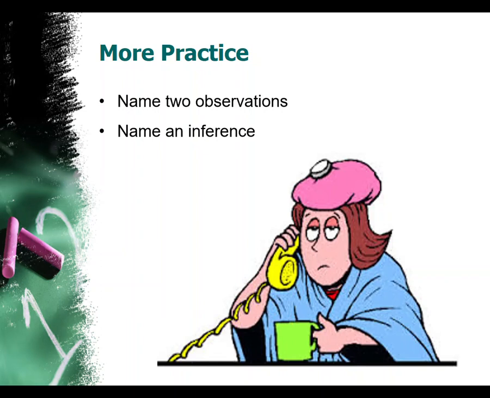An inference that you might make could be that she's sick, because you have prior knowledge that if a person has an ice pack or a hot pad on their head, they may not feel well. You are inferring that because she has a blanket wrapped around her, she would be cold, or that she's calling a doctor, or she's calling in sick to work. Those would be inferences because you don't know what's actually going on. You are inferring based on prior knowledge using observations.